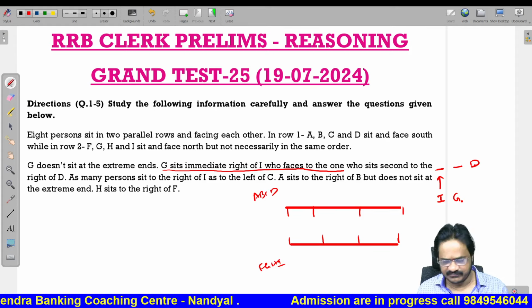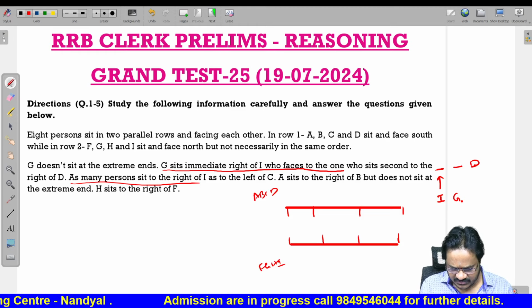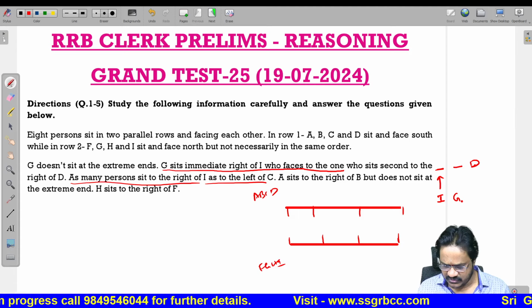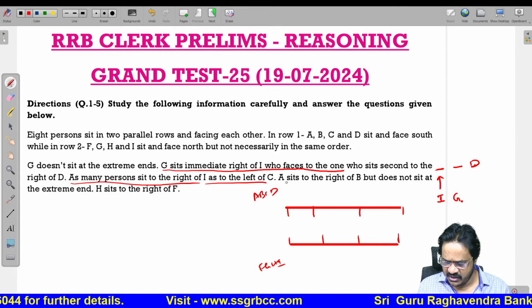This is D. Now, as many persons sit to the right side of I as to the left of C. To the right side of I, how many persons are there? To the left side of C also same.